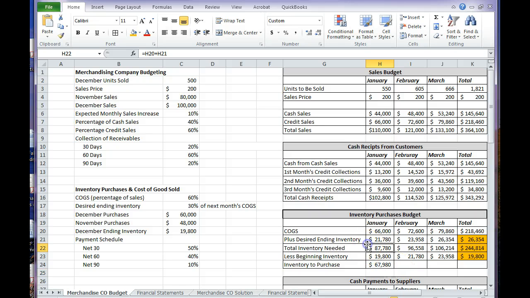Here's what I need. Here's what I already have. Therefore, this is what I have to get. Very straightforward. This is the box here. I can either add these up and get 225,014, or I could just take that minus that and get the same number. So that should tie.